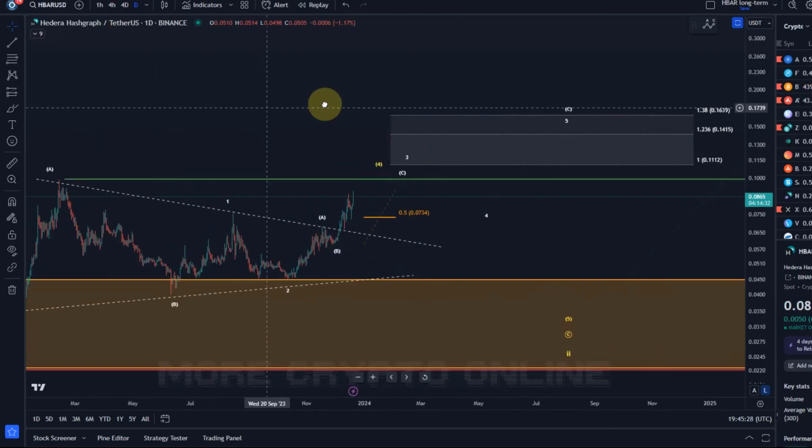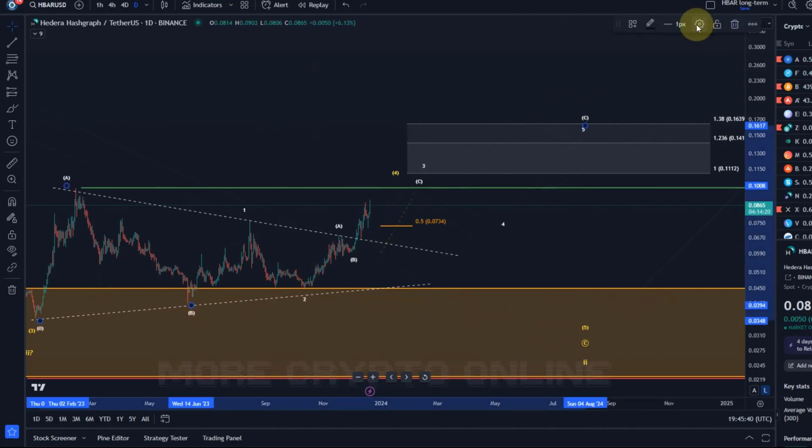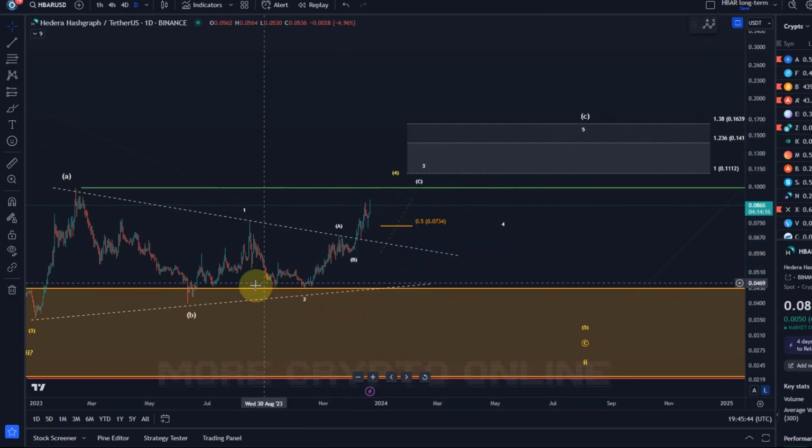If we zoom in a little bit, and let's assume we are in the white scenario, then obviously the wave 1 completed, the wave 2 completed. In this C wave, we have, by the way, let me change the wave degree. Need to go a little higher with that one. In this C wave, we have a 1, 2, 3. Third wave is probably just now in the making. And in the third wave, we have an A, B complete, and the C wave is now in the making.